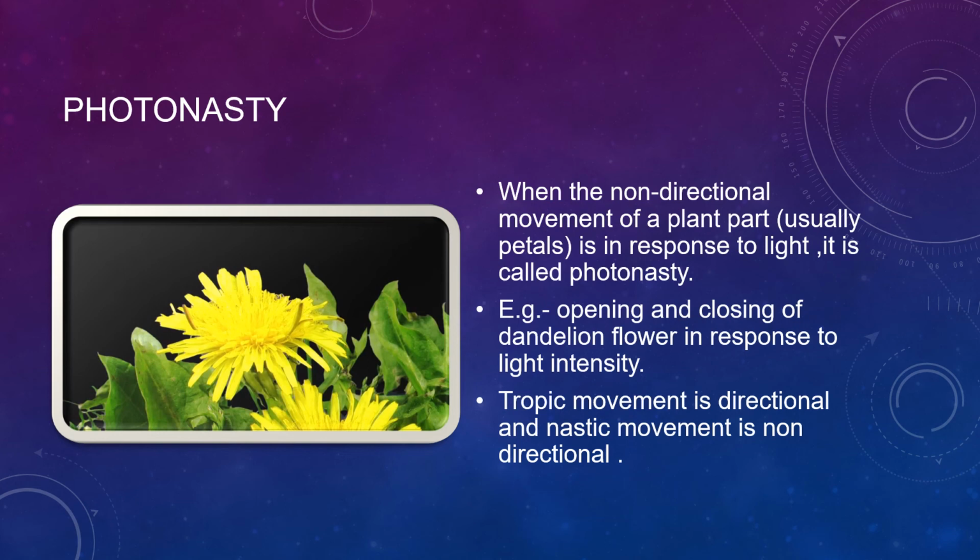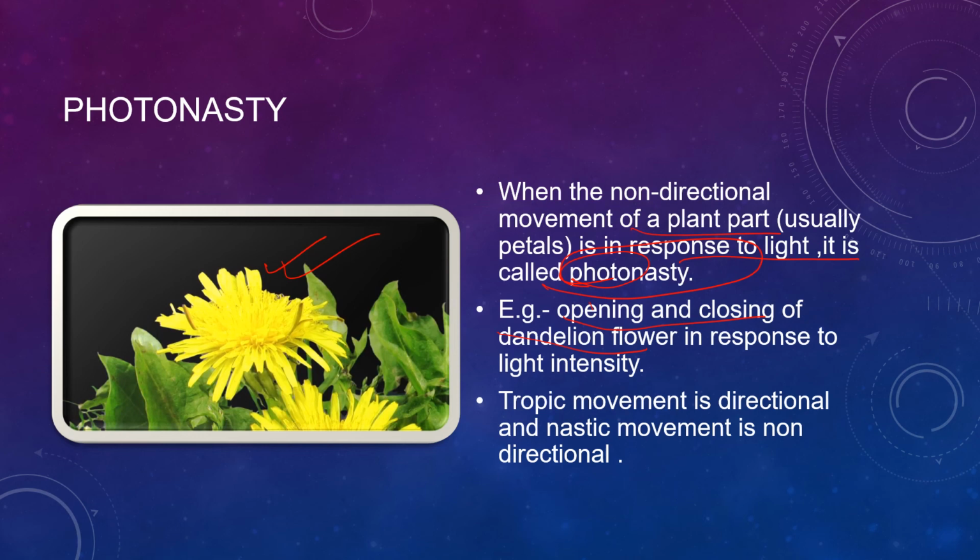Photonasty. So what is this? When the non-directional movement of a plant is in response to light, it is called photonasty. You know that photo means anything related to light. It is like the opening and closing of the dandelion flower. When the sun rises, it opens, and as soon as the sun sets, it closes.